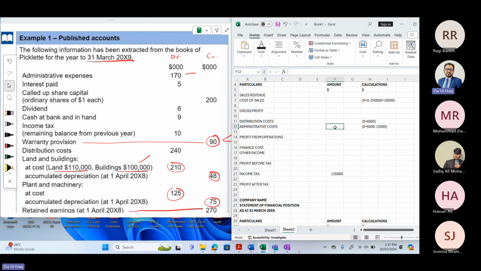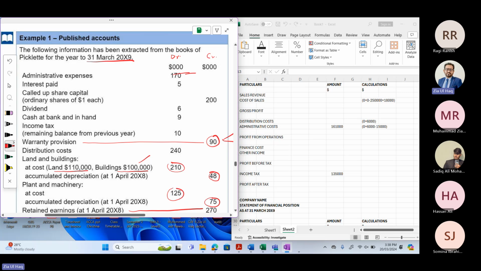Out of this, we need to add 6,000 relating to depreciation and deduct the overcharge of 15,000. The figure is calculated. This means we are done with this figure.